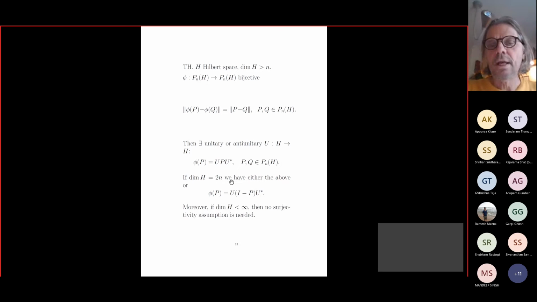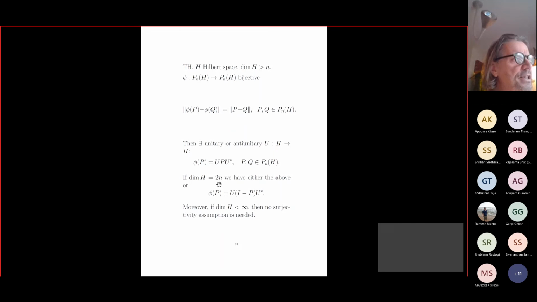Or if you want, you send every projection p into identity minus p. This is still going to be an isometry, and of course a bijective isometry. But this possibility appears only if the dimension of H is just the double of the dimension of the subspaces that we are treating.